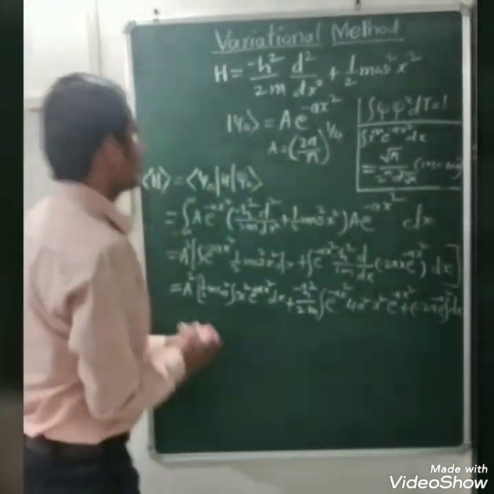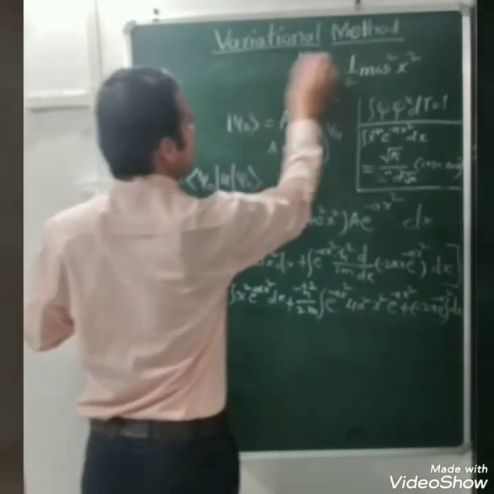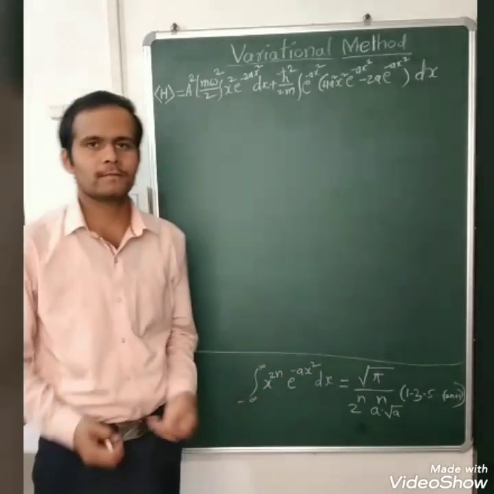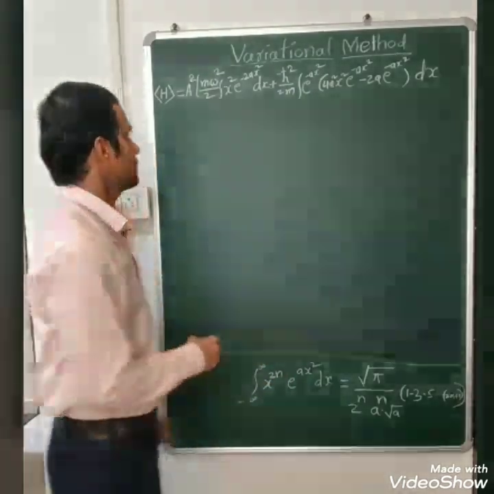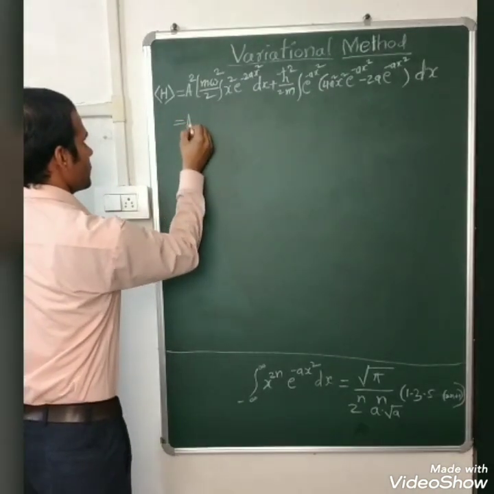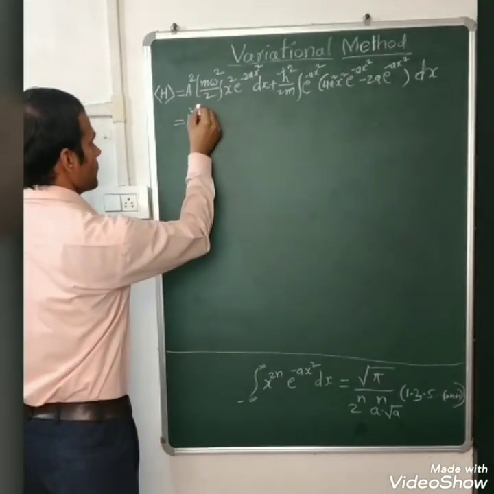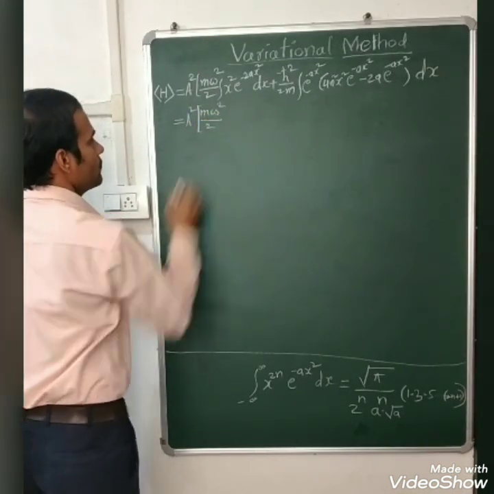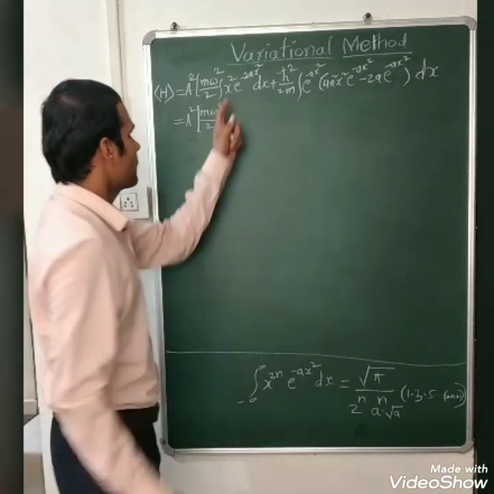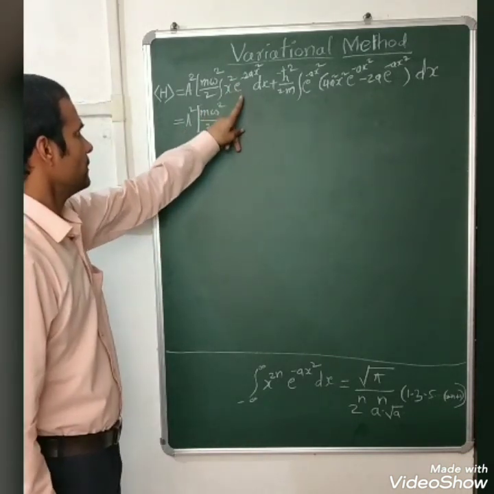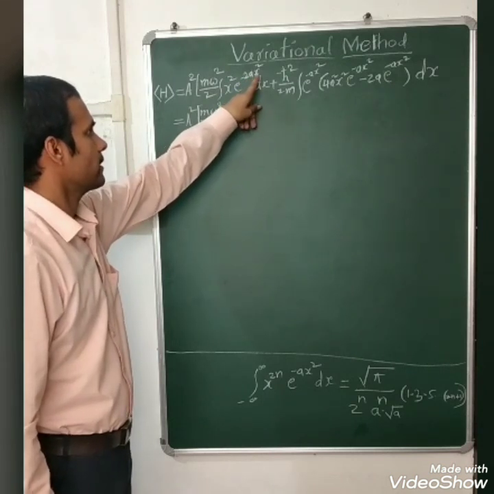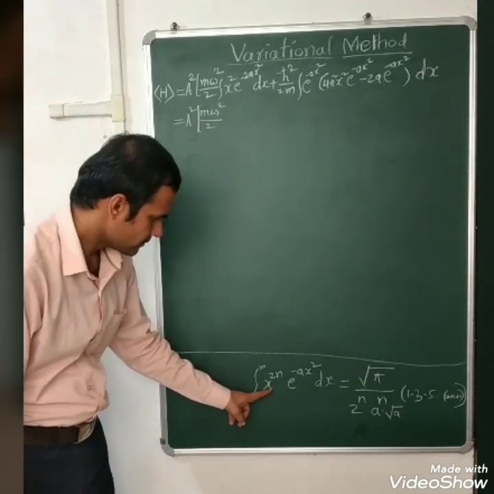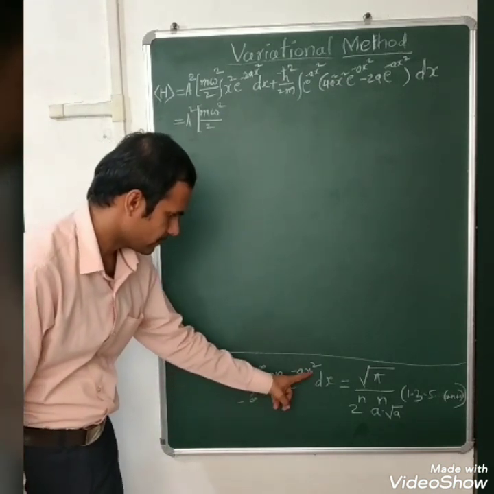So first, here we apply this formula to this equation. First thing, a square as it is, and here m omega square by 2. Now here we can see x square e raised to minus 2ax square dx, and our formula is x raised to 2n e raised to minus ax square.